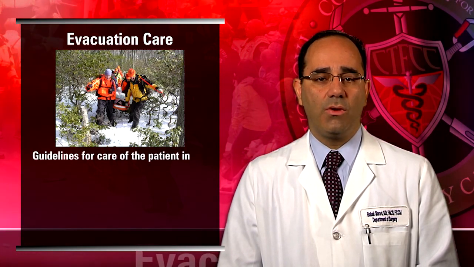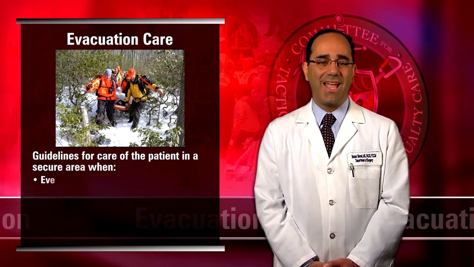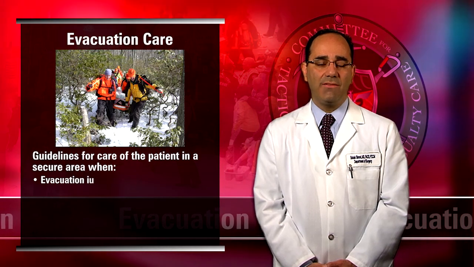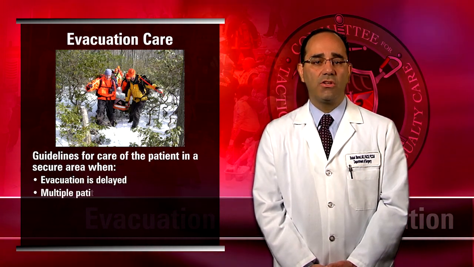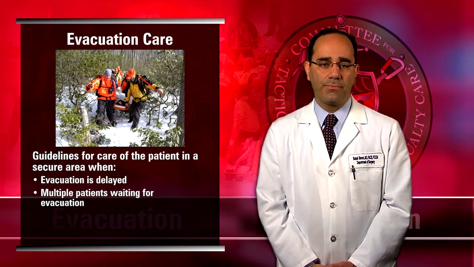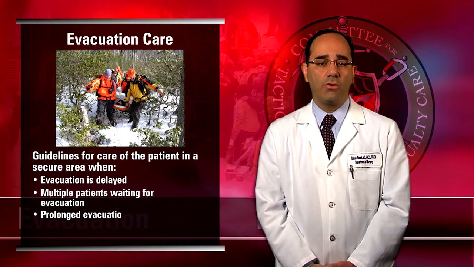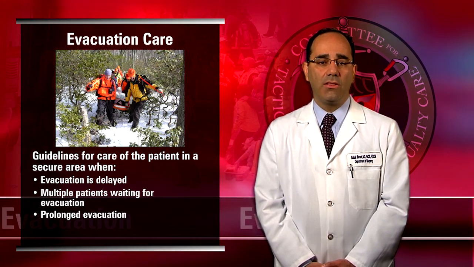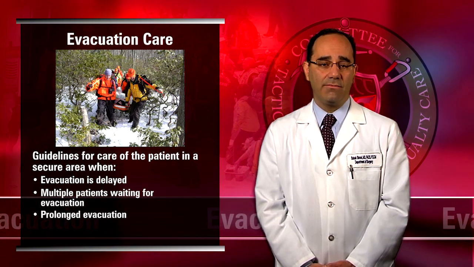Instead, the evacuation care guidelines are implemented when you have any of the following: delayed evacuation because the tactical situation prevents immediate evacuation. There are multiple persons waiting for evacuation such that the demand for transport is higher than the supply of units. Prolonged evacuation in situations such as in wilderness or austere settings when there is a long horizontal or vertical distance to get to the evacuation asset.